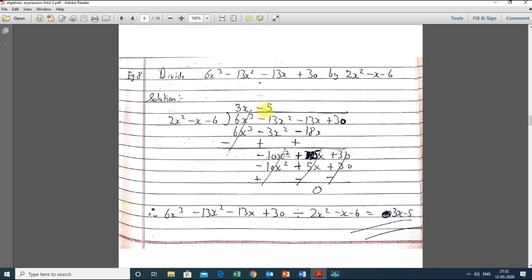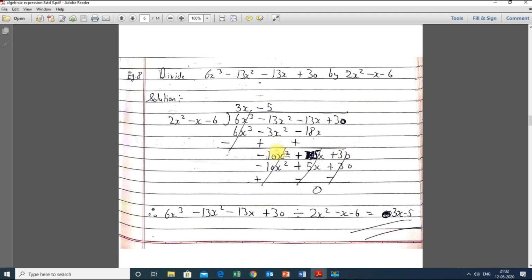This will get cancelled. Minus 13 plus 3 is minus 10, so I wrote minus 10x square. Then over here, minus 13 plus 18 is plus 5x. It is not properly visible, but I am saying that it is plus 5x. Now plus 30 will come as it is.